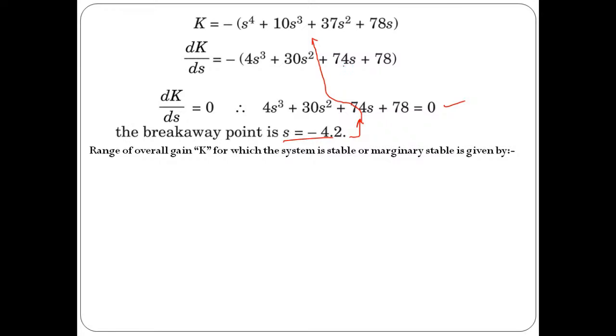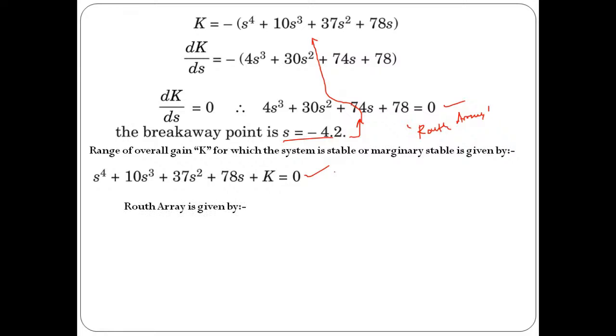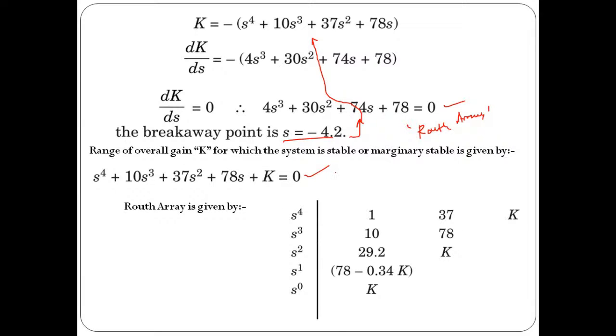The range of k for which the system is stable, unstable, or marginally stable, we can obtain by applying the concept of Routh array, or Routh-Hurwitz criteria. For that, first we arrange the characteristic equation in standard form, then construct the Routh array, and then apply the Routh-Hurwitz criteria.